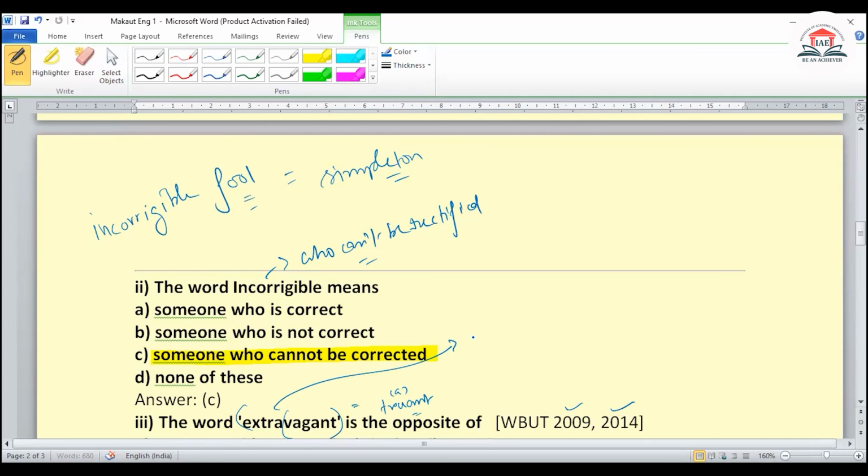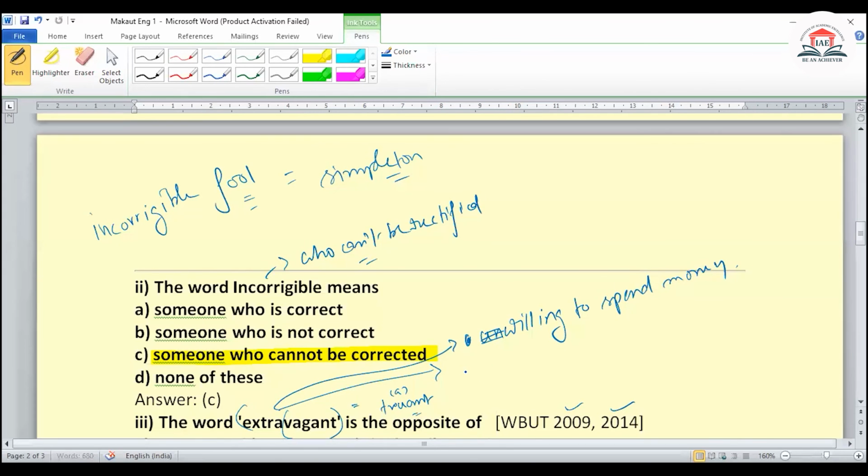Extravagant means one who is willing to spend money. Sorry, willing to spend money. That is extravagant, right? Khoruche, behishabi. That is extravagant.